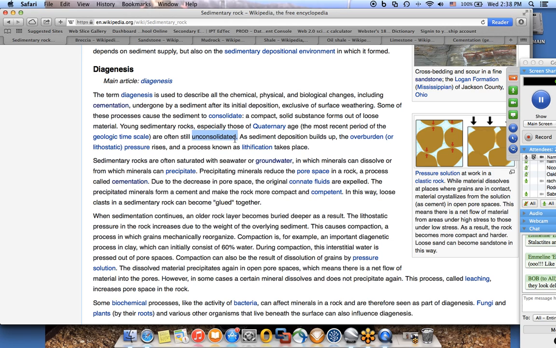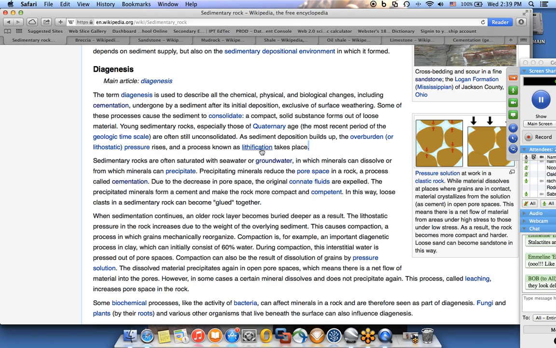So Madeline, you were asking how long they take to form? You see that the young sedimentary rocks, the ones from this geological period, which is actually quite long, are still unconsolidated, so they are still not totally rock together. They can still break apart. They are not completely cemented together. As sediment deposition builds up, the overburden or lithostatic pressure rises, and a process known as lithification takes place.